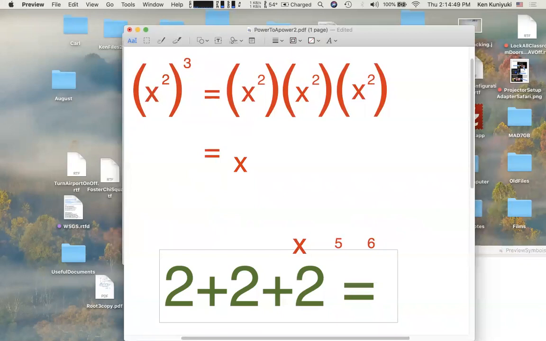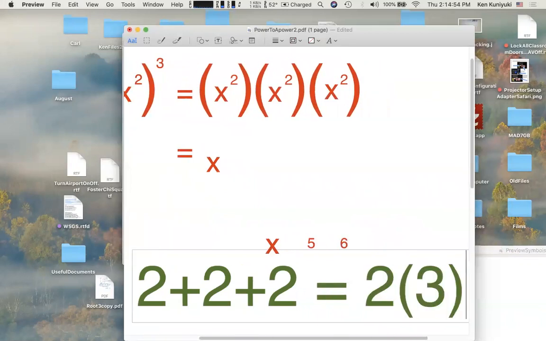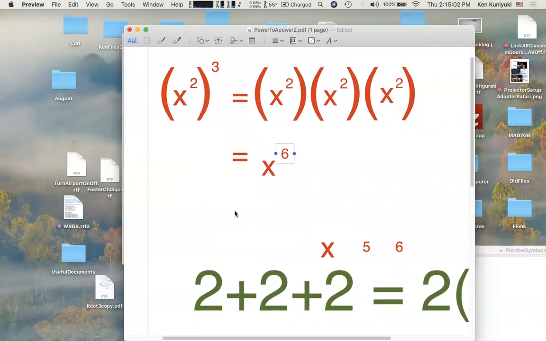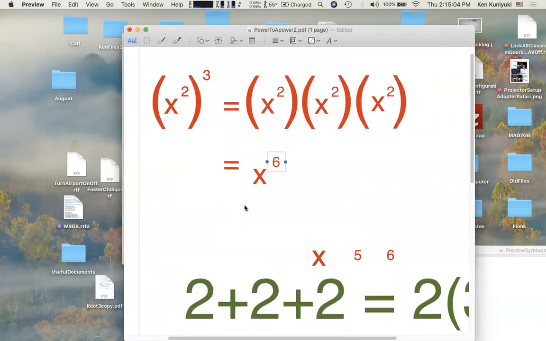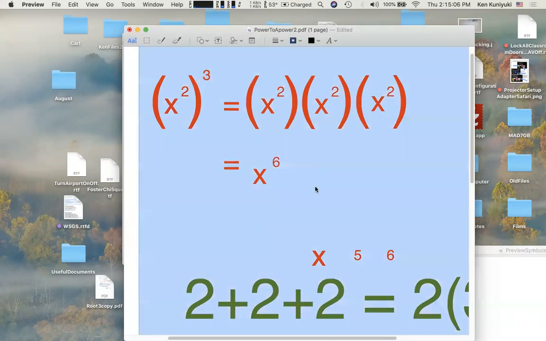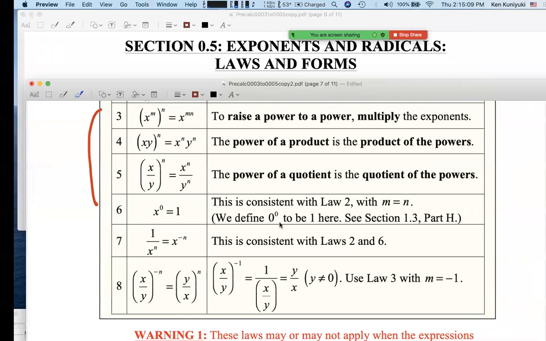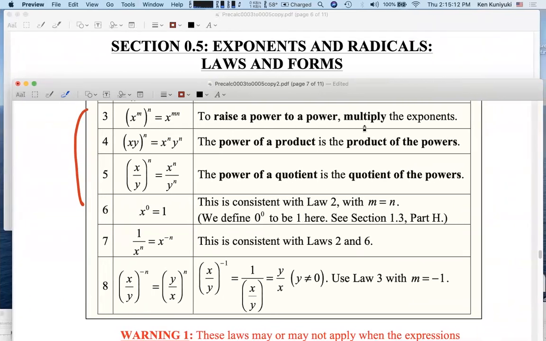You can think of that as 3 times 2, or 2 times 3. 2 times 3 is 6. So now we have x to the 6th. When you raise a power to a power or exponent, you multiply the exponents. Here we get x to the 6th. To raise a power to a power, you multiply the exponents.